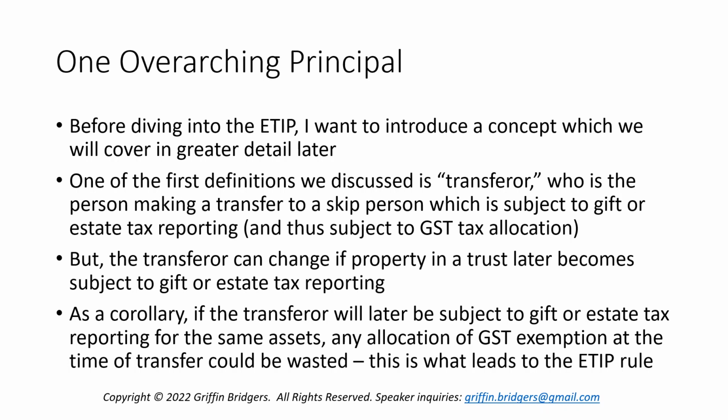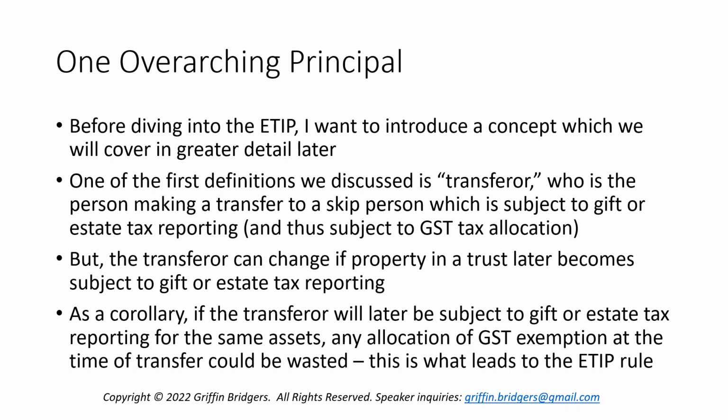So around this concept of transferor shifts or later gift or estate tax reporting, we need to keep in mind that any allocation of GST exemption at the time of the transfer could be wasted if there's a risk down the road of further estate or gift tax reporting. Why?